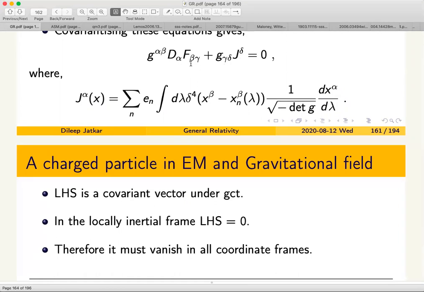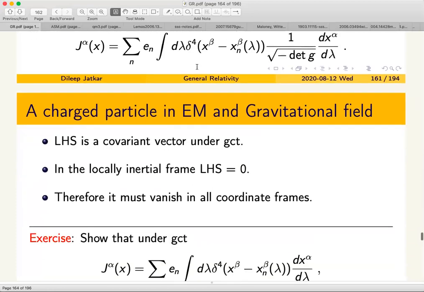Okay, so all we need to do is to just check whether this equation is valid in, say, a locally inertial frame. And of course, in the locally inertial frame, it reduces to the ordinary Maxwell's equation, and we know that this equation is valid there. Okay, so therefore, this generalization of this equation is valid in all coordinate systems.